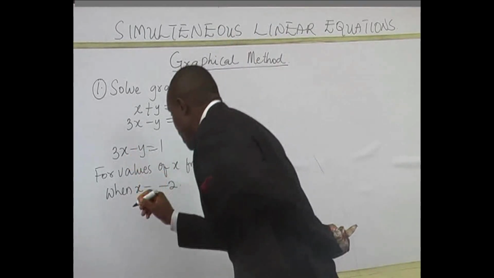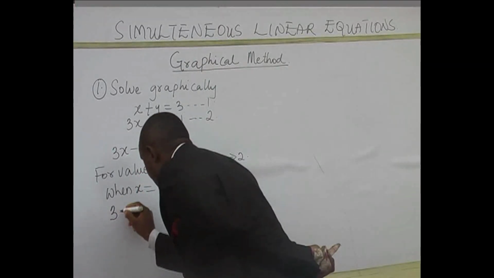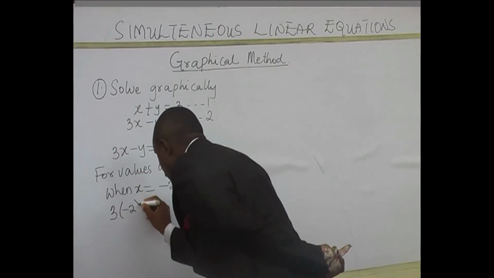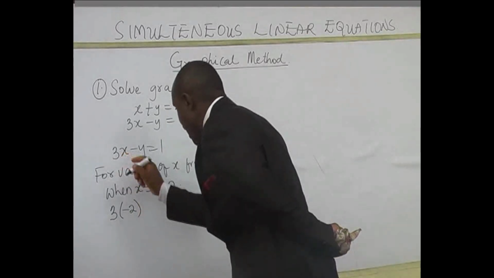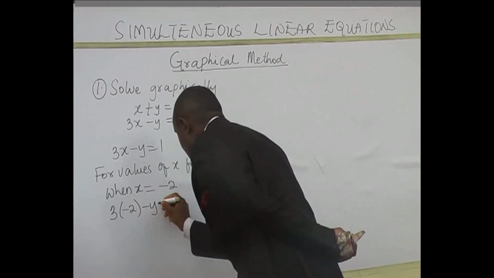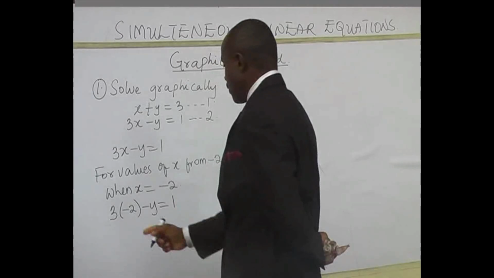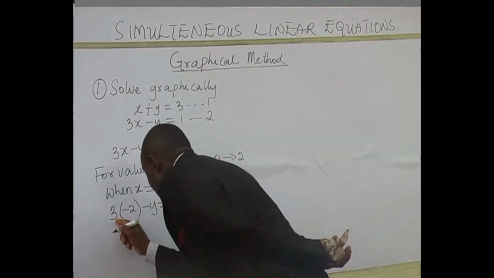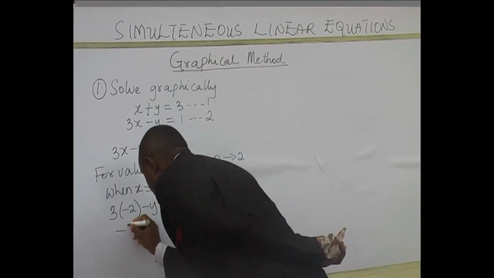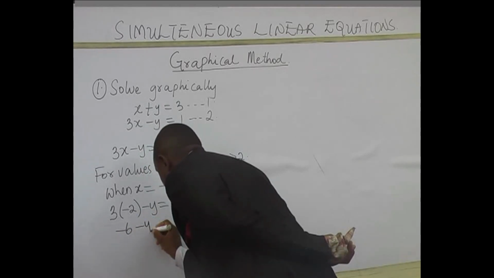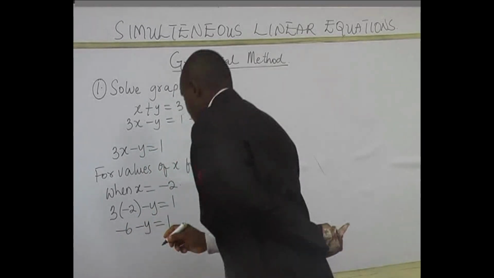So from the equation we now have 3 into minus 2 instead of 3 times x, now minus y is equal to 1. Remove bracket. You have 3 times minus 2 will give you minus 6. Minus y is equal to 1.